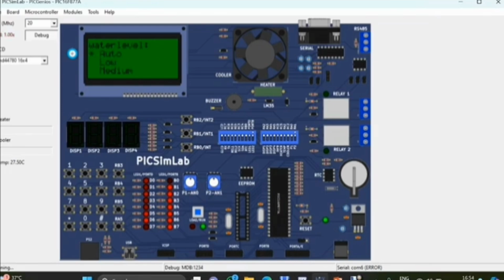Press this button for a long time. We can see switch 5 for the start. I will press switch 5, and we can see that our washing machine is on and our clothes are washing.